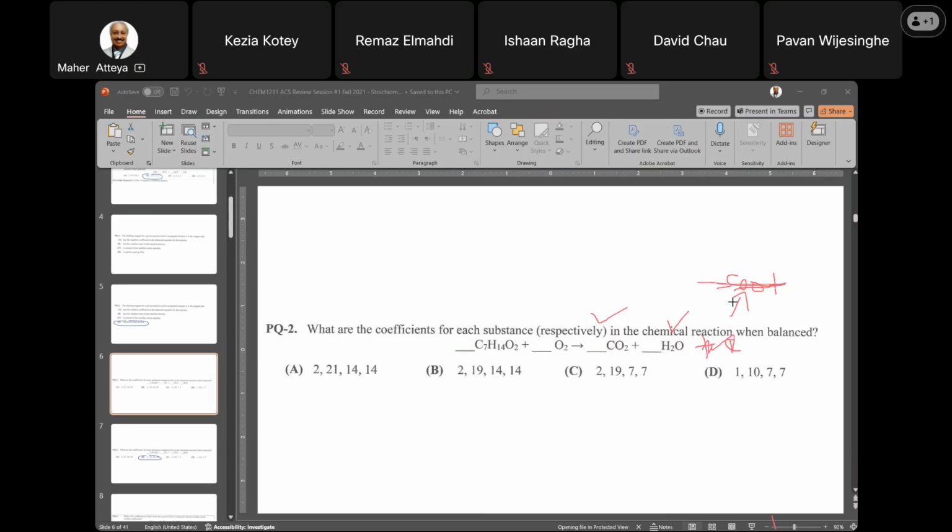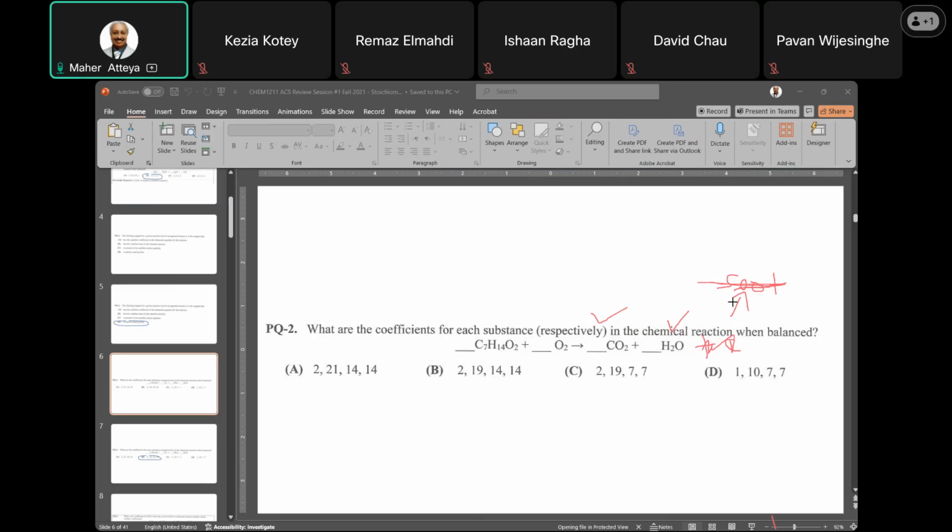In complete combustion, the ratio will be very large because you are using a large amount of oxygen to ensure that all the carbon is combusted. Nothing will be left as soot. So you have to use a large amount of oxygen so that the ratio will be very high.